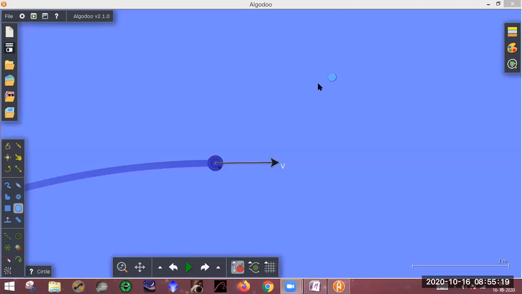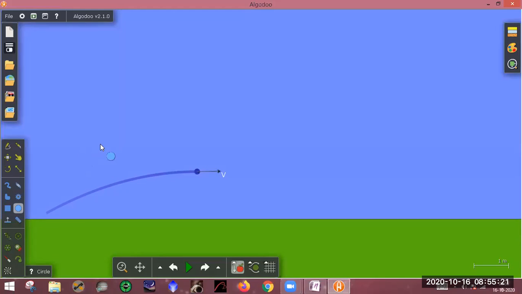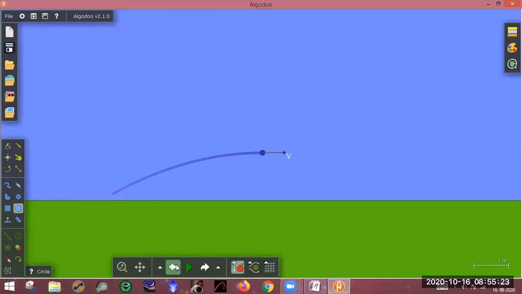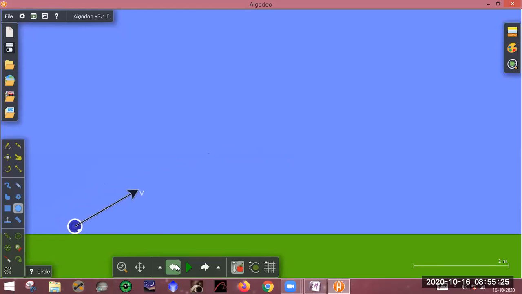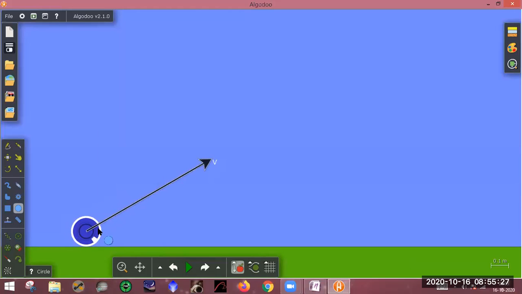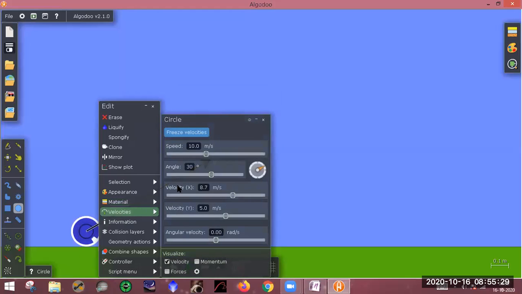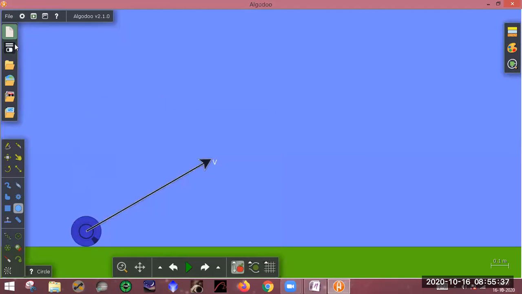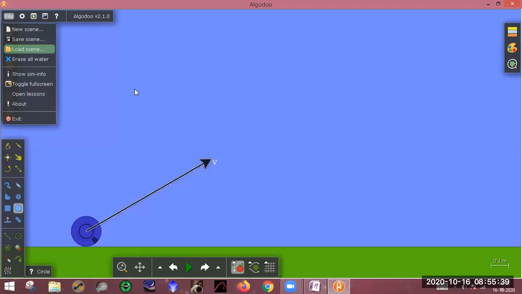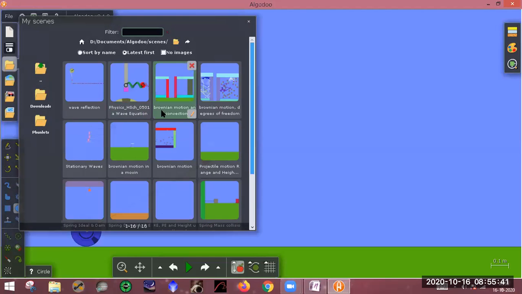Okay, right. So I was saying that right now we are throwing this at a speed of 10 meter per second, so that's the initial speed. The angle is 30 degrees. Let's take another case where we are throwing multiple objects.